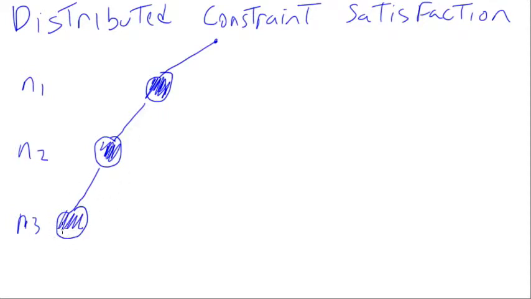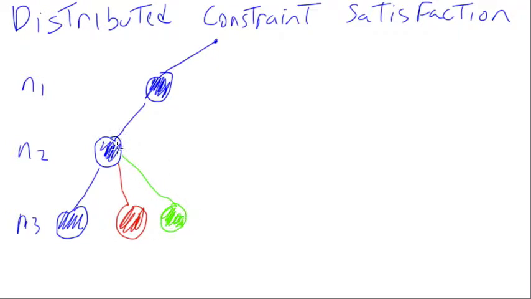Let's say at that point we detect that, oh no, he can't be blue because a constraint is violated. So we return and tell N2, oh no, that didn't work. So N2 is going to have to try to be red. And maybe that doesn't work either. So it goes back to N2, and N2 says, okay, you have to try again. N3 tries green. That doesn't work.